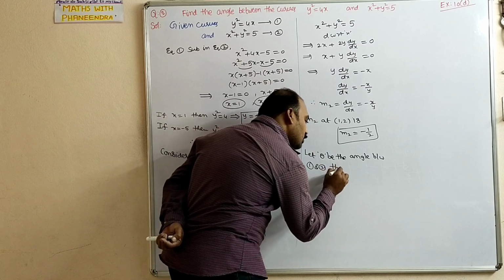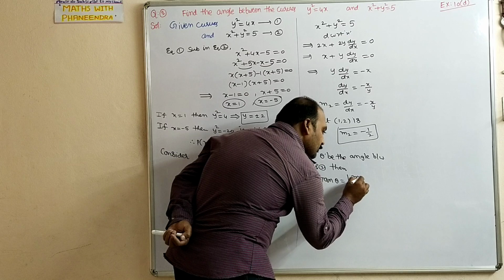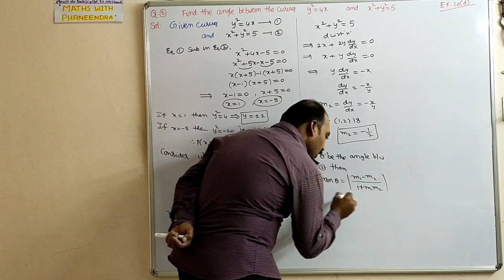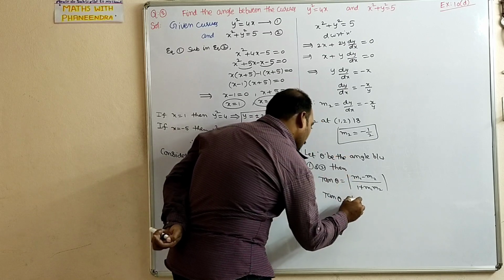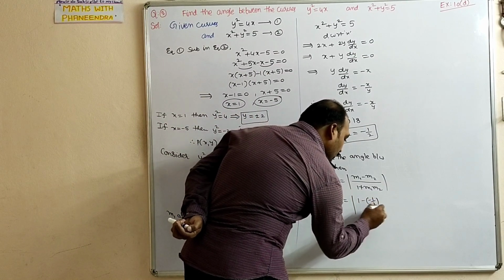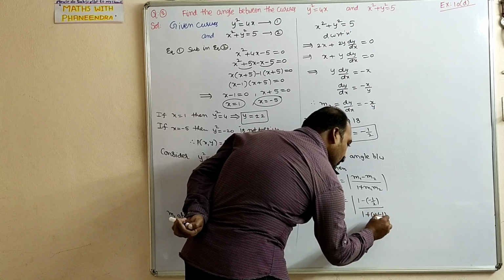Then tan theta equal to mod of (m1 minus m2) by (1 plus m1 m2). So tan theta equal to m1 value, 1, minus of minus 1 by 2, divided by 1 plus 1 into minus 1 by 2.